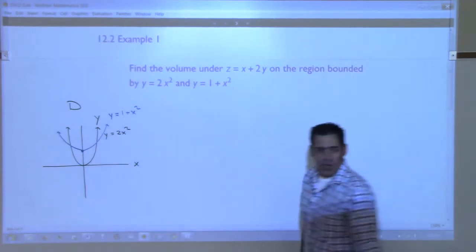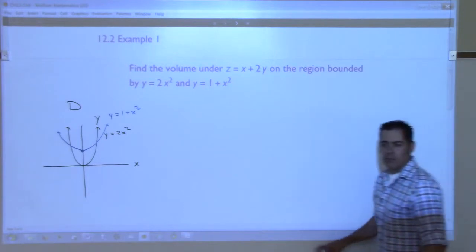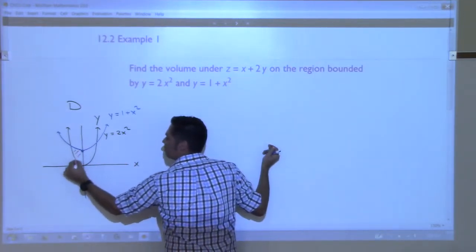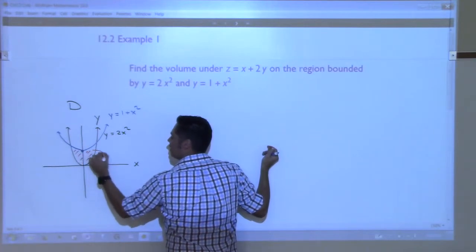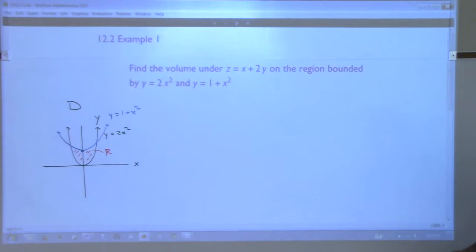Do y'all see the region we're trying to integrate over? It's the region bounded by these two. So we're talking about this region right here. This is capital R. Why did I put a capital R?